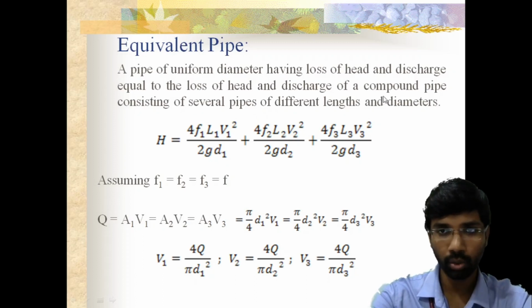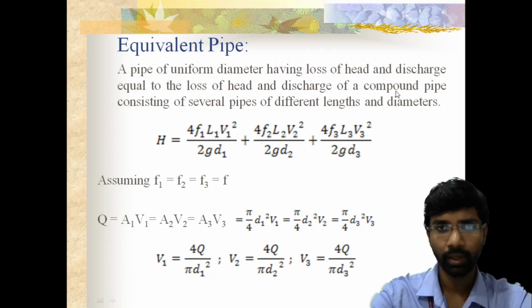If you replace this compound pipe with another pipe having another diameter or another length, the pipe which you are replacing it with is called an equivalent pipe only when the loss of head and discharge are equal to those of the compound pipe, right?